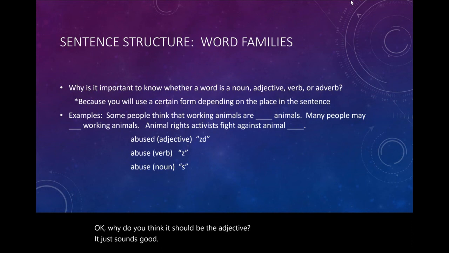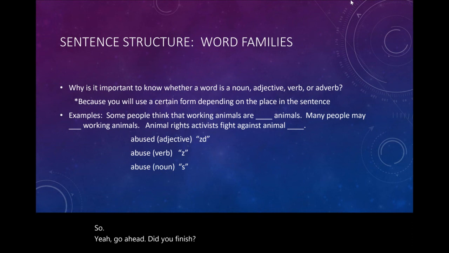No, because of the meaning of the sentence, I think we are talking about the animals and are abused animals. Okay. Did you finish? Yes.